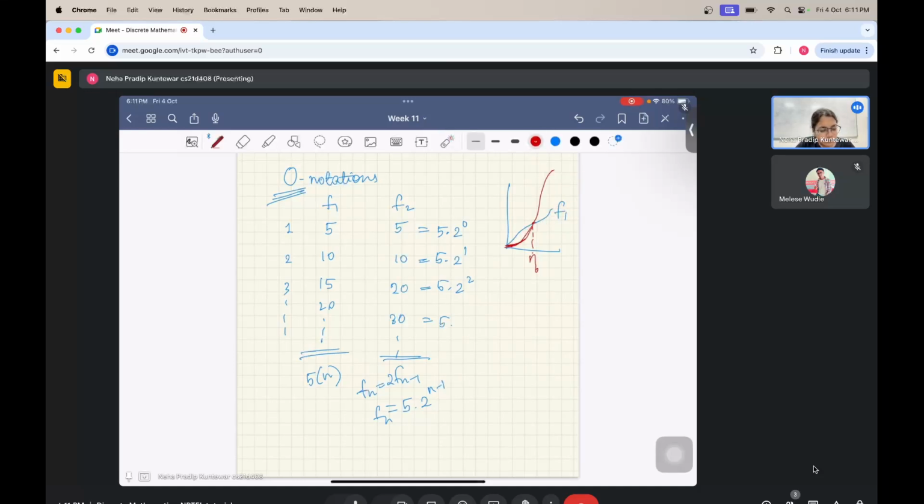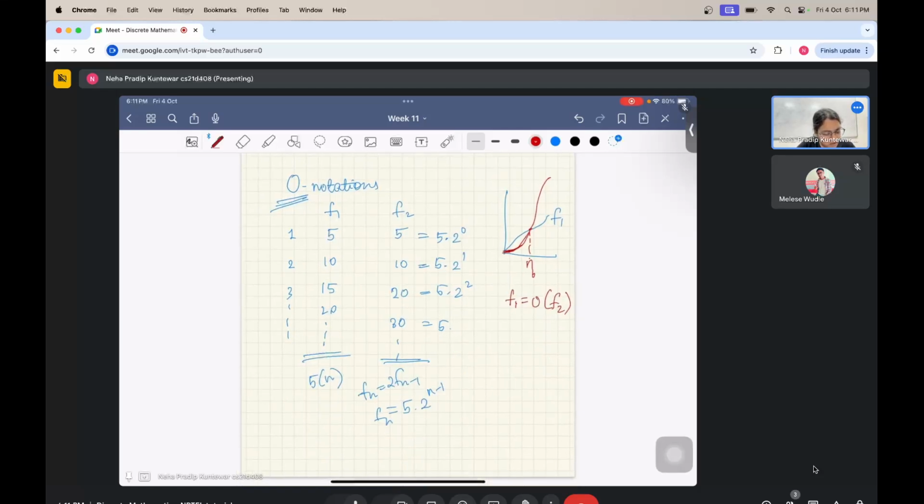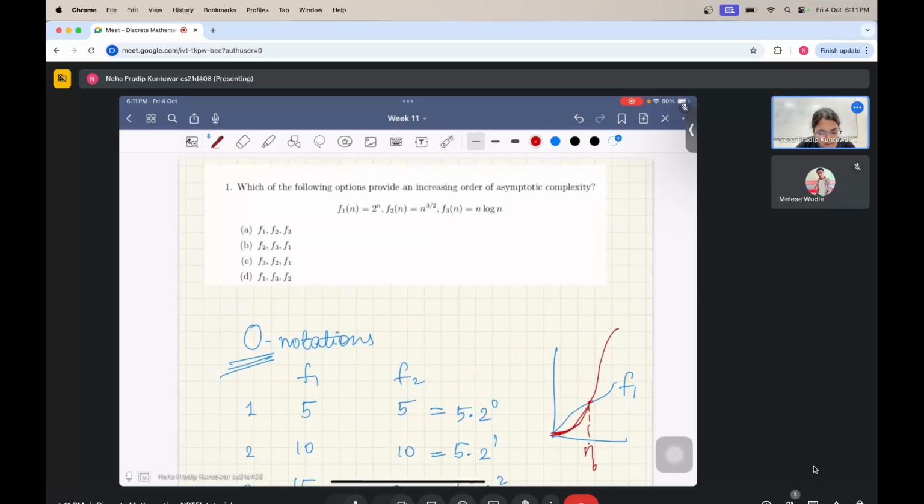In that case you say that f1 is order f2. That's how we compare two functions. Essentially, there exists an n0 such that after that point f1 of x is at most c times f2 of x.